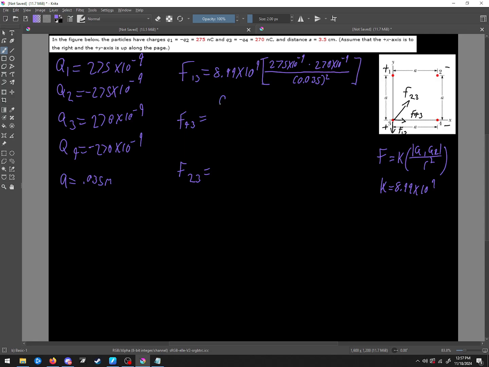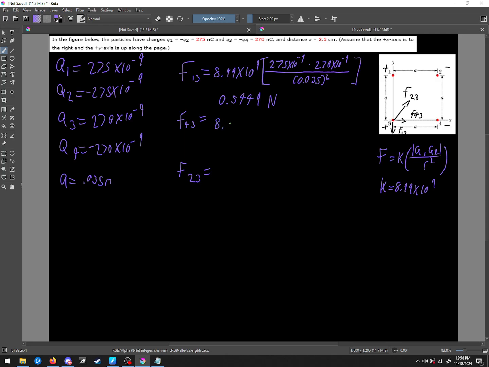Okay, looks like I'm getting 0.5449. Take it to this many significant figures just now, and I think this is going to be in newtons. Okay, and just write it a little bit low.